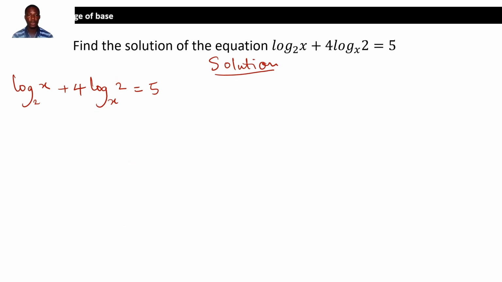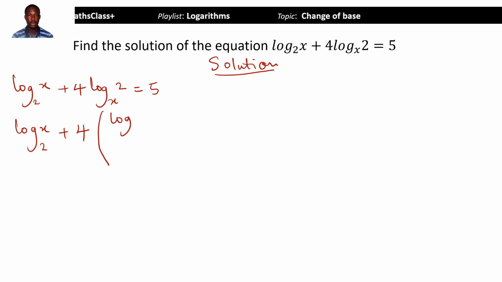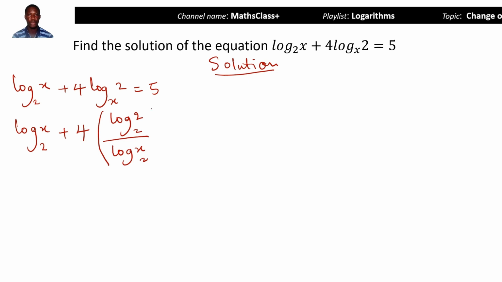Okay, so we have it as log x to the base 2 plus 4 times, then I'll change the base of this as log 2 to the base 2 divided by log x to the base 2, and this expression is equal to 5.